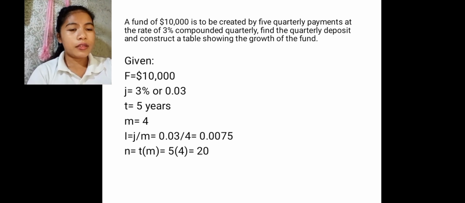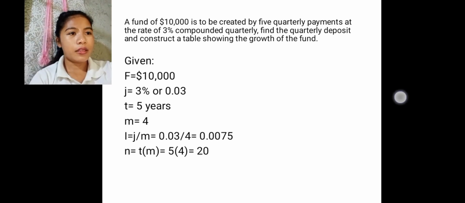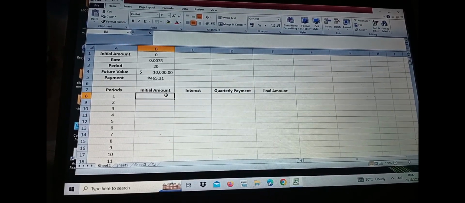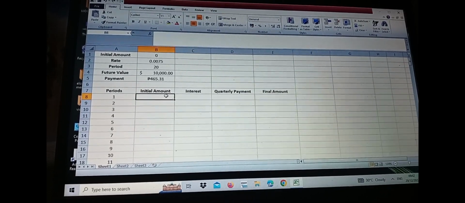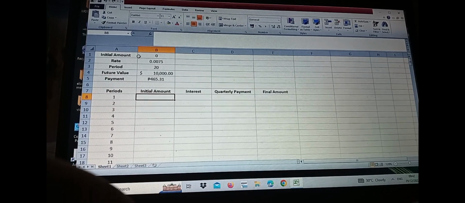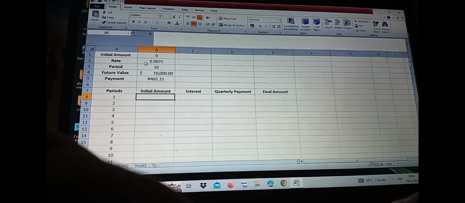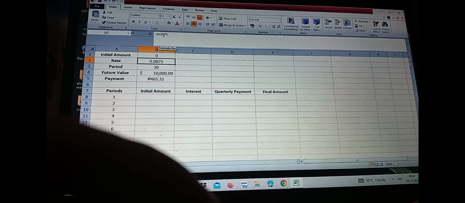So, this is using Microsoft Excel. I prepared here the sinking fund schedule. We have an initial amount which is 0 since we don't have an initial amount. Then the rate is 0.0075 and we get this by 0.03 divided by 4.